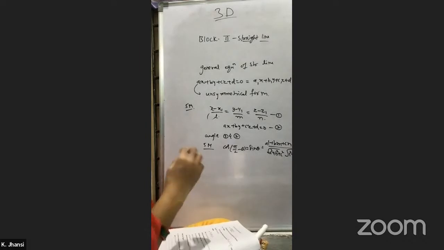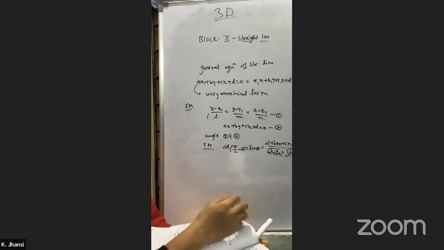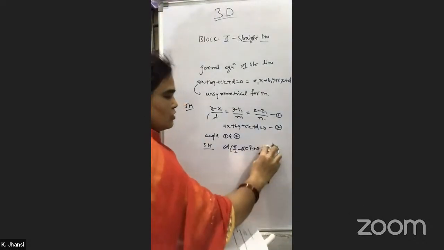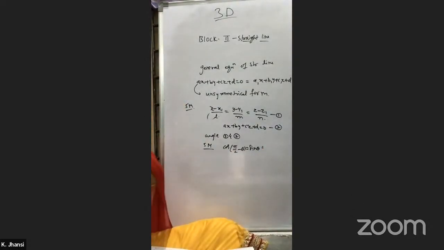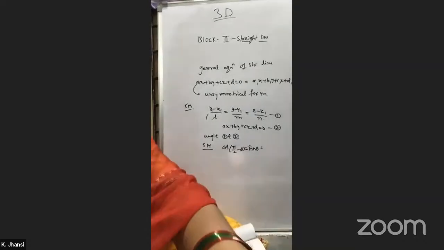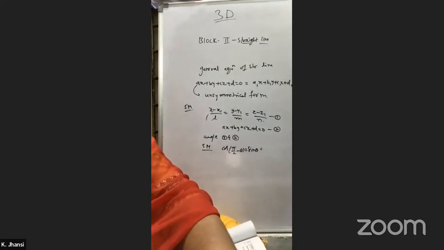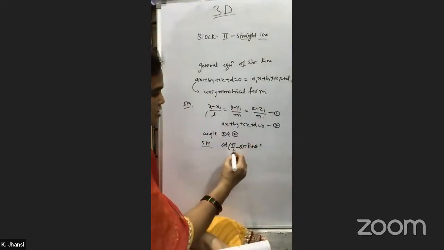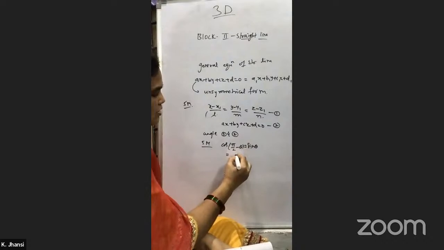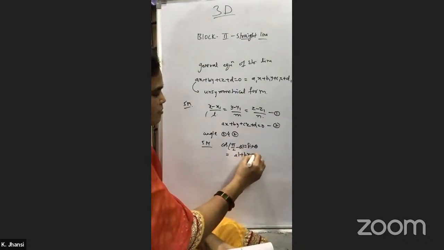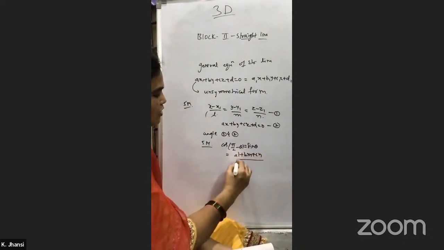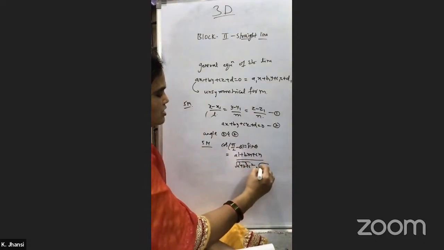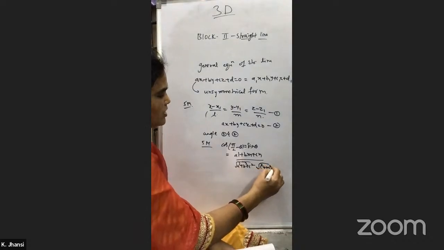So just substitute L, M, N and A, B, C and under root of that one, you will get the answer. Okay, this last part you are not able to see. This formula is AL plus BM plus CN by under root of A square plus B square plus C square, and then under root of L square plus M square plus N square.